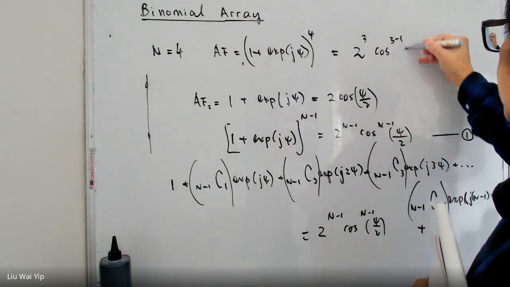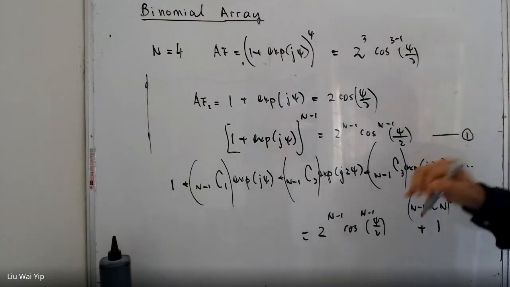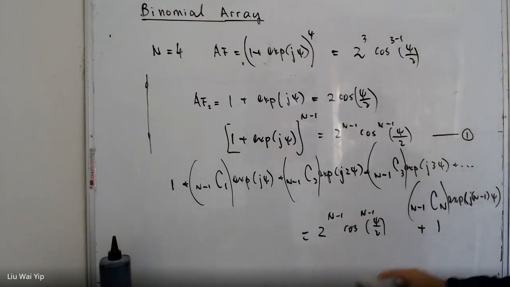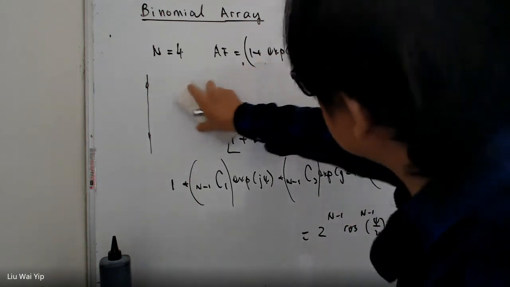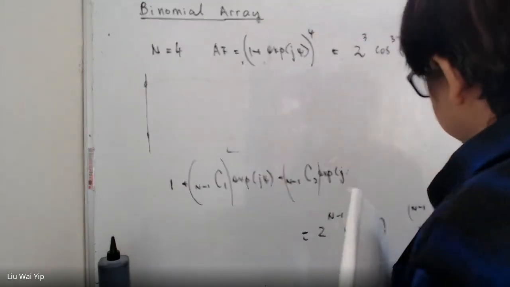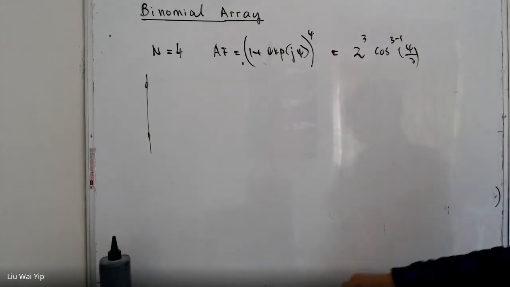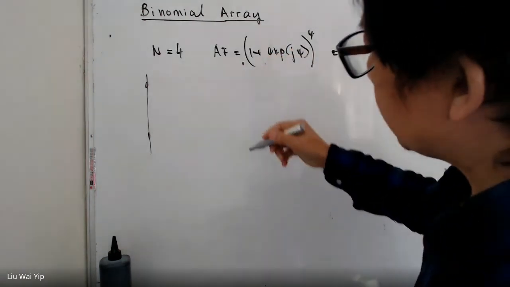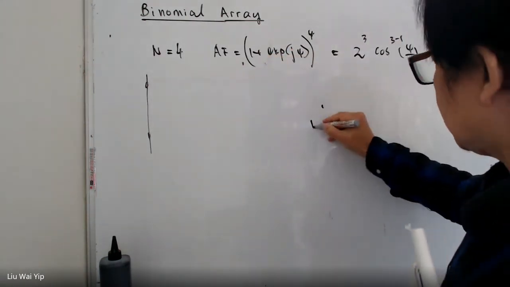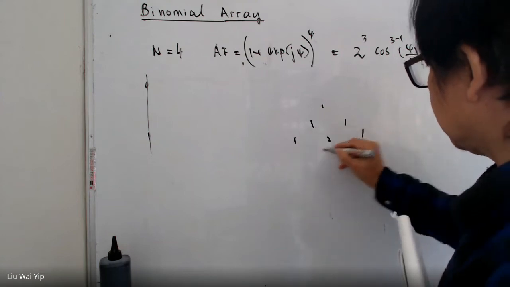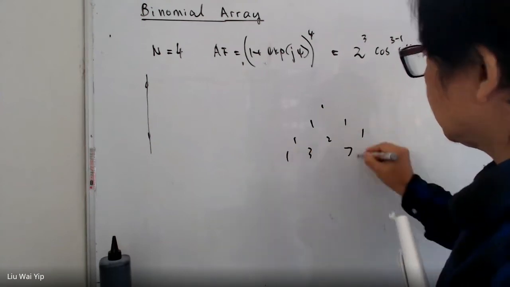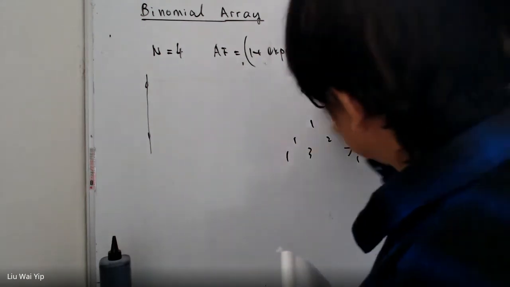So this is what we are going to get. And we will explain it. Let's say 1, 1, 1, 2, 1, 1, 3, 3, 1, 4. So 1, 3, 3, 1.